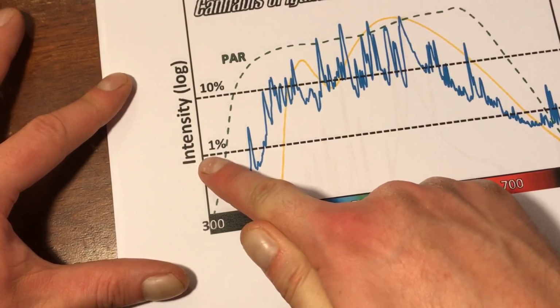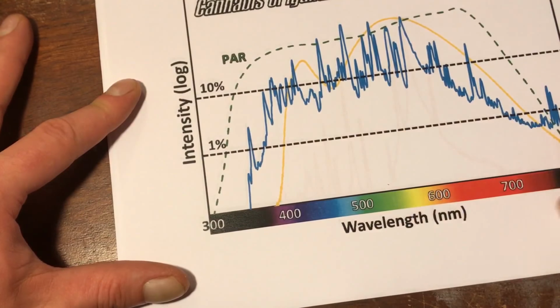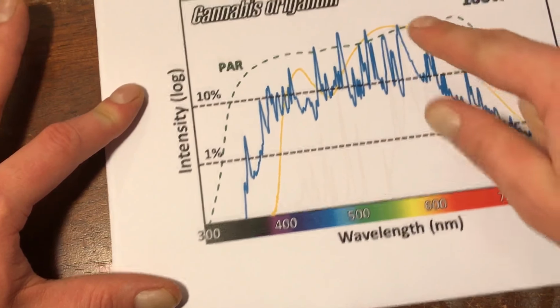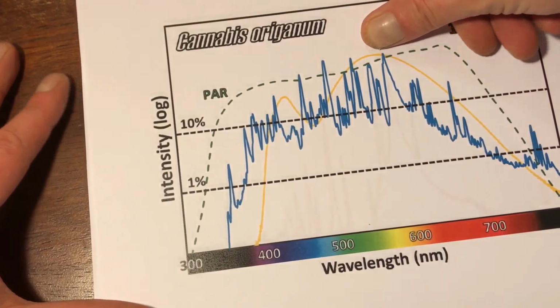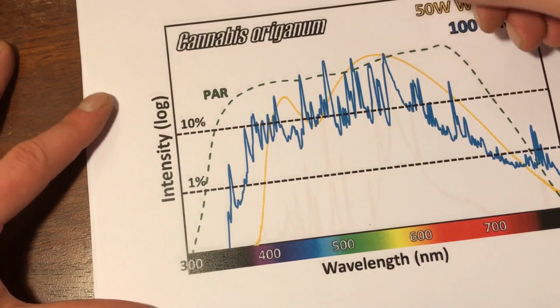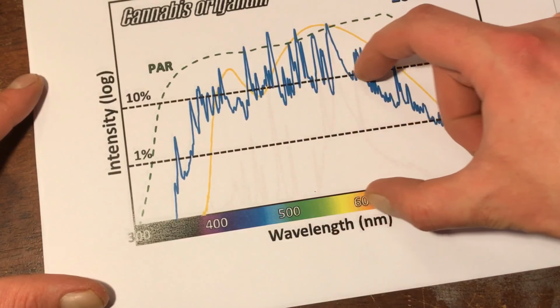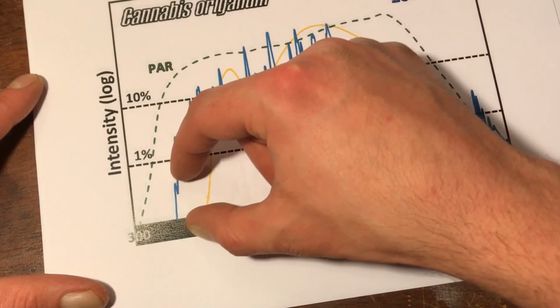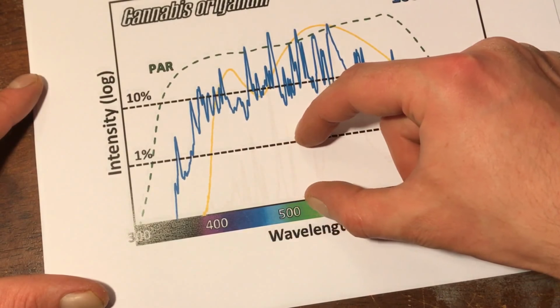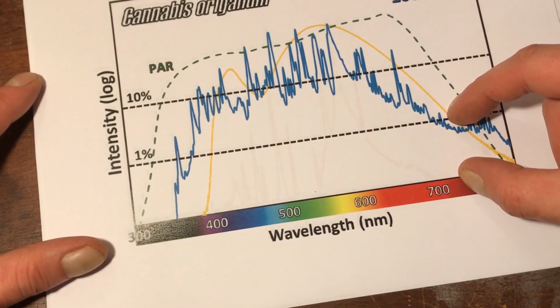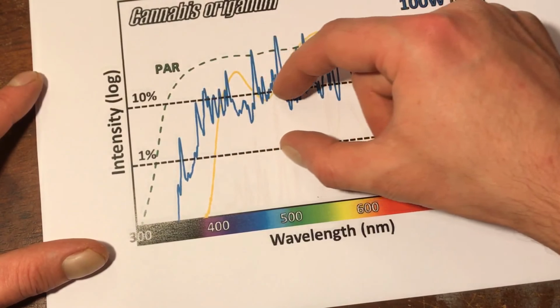For reference, I put dashed lines where it's 1%, 10%, and obviously up here at the peak is 100%. And you can see that really magnifies this intensity down here. That's very low intensity. All of this is below 1% relative intensity, and this is 1 to 10%.